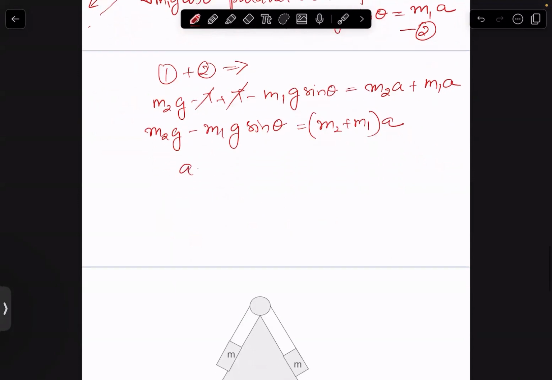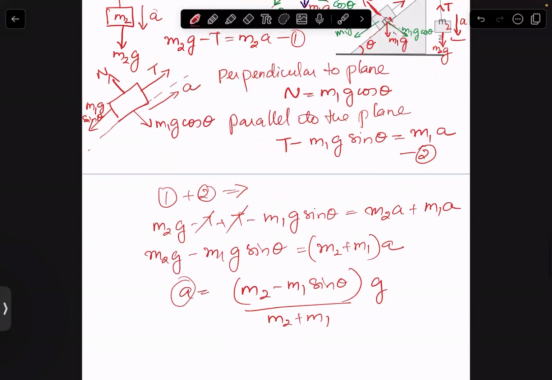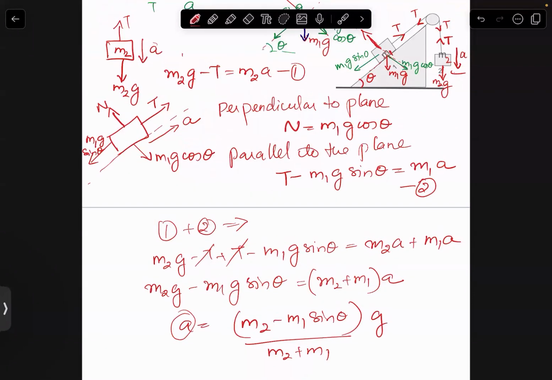Now a equals m2 minus m1 sine theta times g by m2 plus m1. Substituting this a in any equation will give you T. You can substitute it here also, and you will get T.